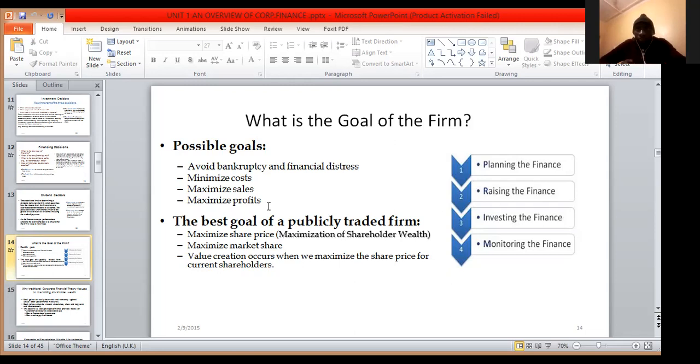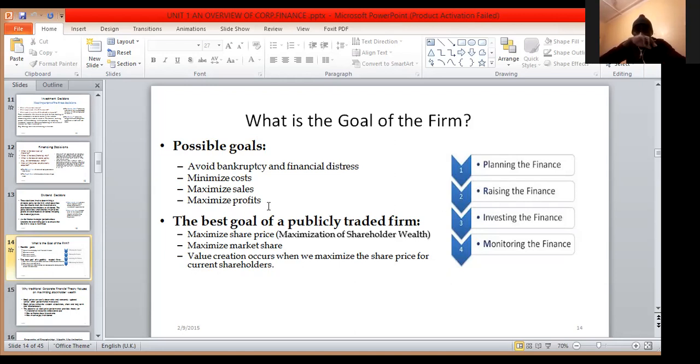Number 1, they should avoid bankruptcy and financial distress. As a firm, we should avoid bankruptcy. The moment we are declared bankrupt, I'm telling you, the company is liquidated. So one of the goals of the firm is to avoid bankruptcy and financial distress.